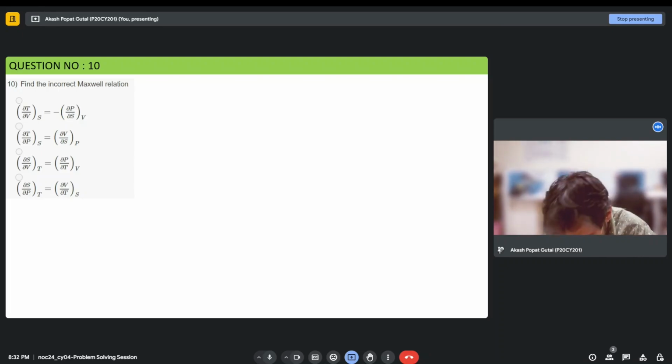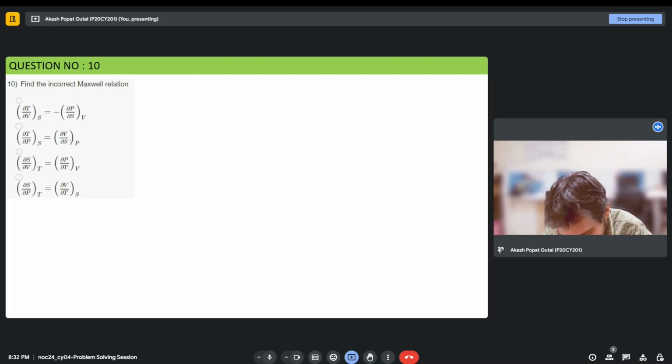So if we see here, del T by del V is del P by del S. T and V are directly proportional, but for P and S, if you increase the pressure, the entropy must decrease, so they are inversely proportional and the negative sign must be there. So this relation is right.